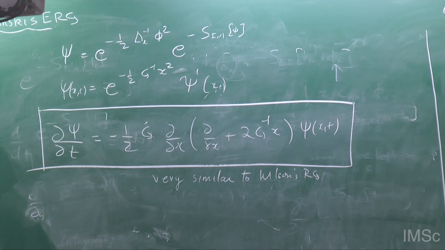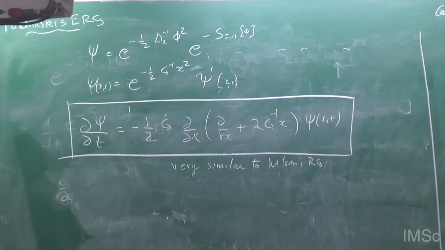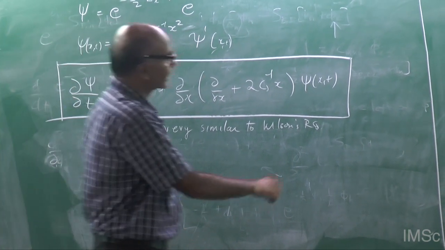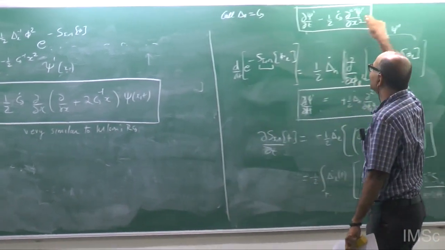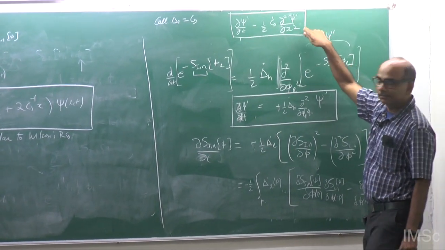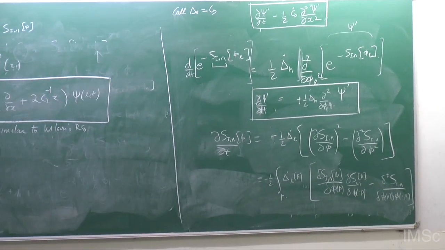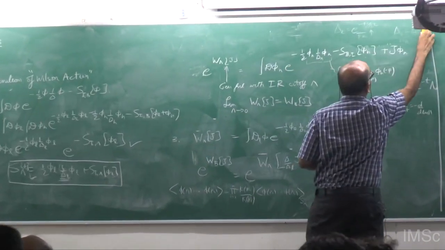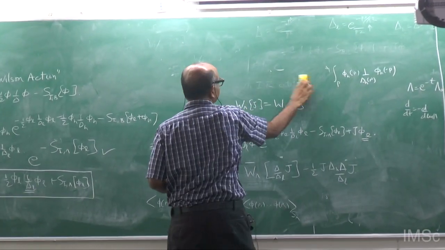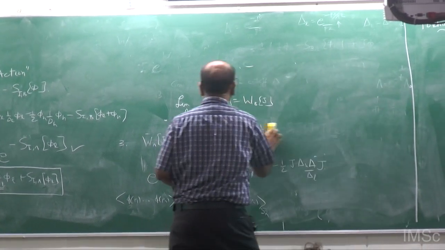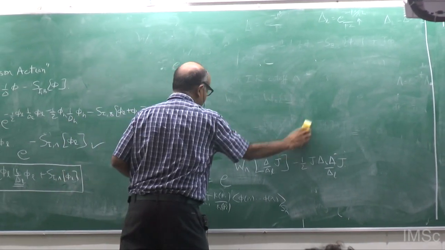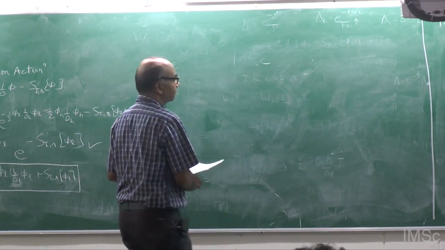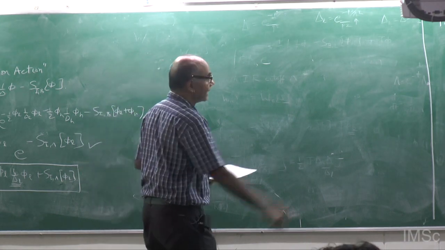Now for Wilson's RG, I gave you the kernel, the integration kernel. In fact, the whole RG was motivated by that. But it's very easy to write down an integration kernel for this one also. Why? Because this equation we know the answer. So let me do that. I'll erase this and write that equation again.